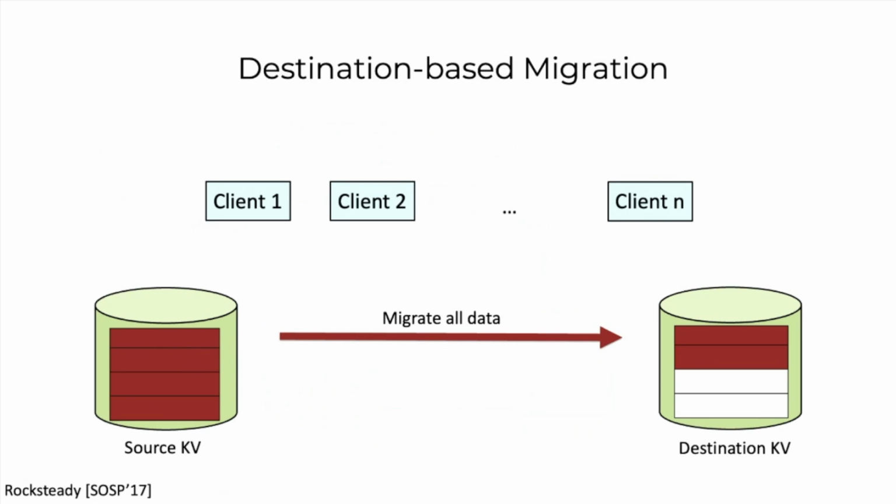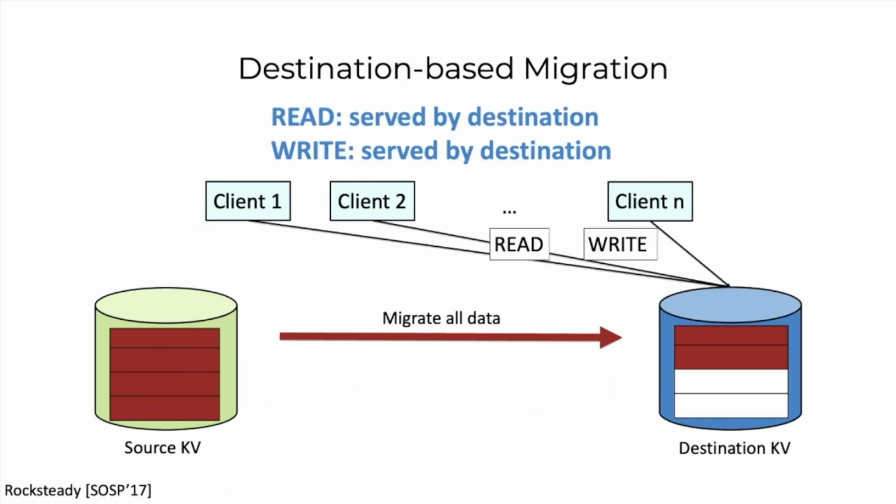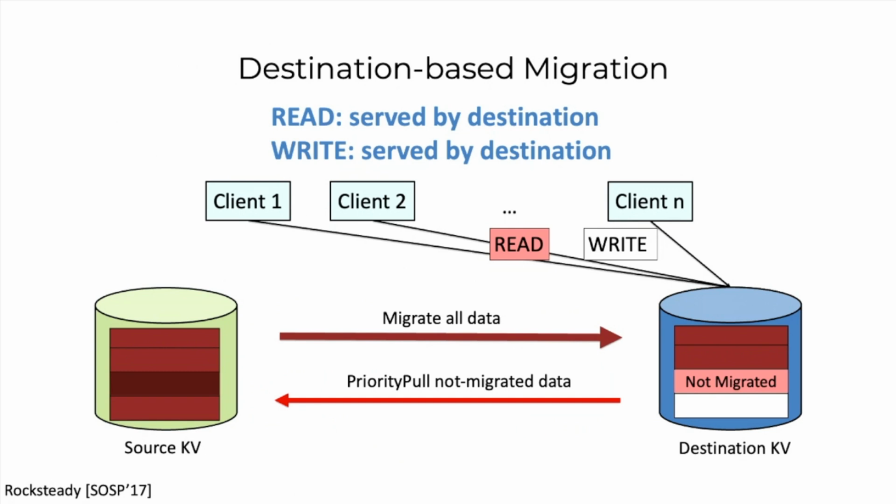Destination-based migration uses the destination server to serve all requests. However, a read request can access not-yet-migrated data. The data is still in the source. So in the Rocksteady protocol, as a destination-based migration, it fetches the accessed data from the source to the destination with on-demand pulls, and then lets the client retry the read request after a wait.